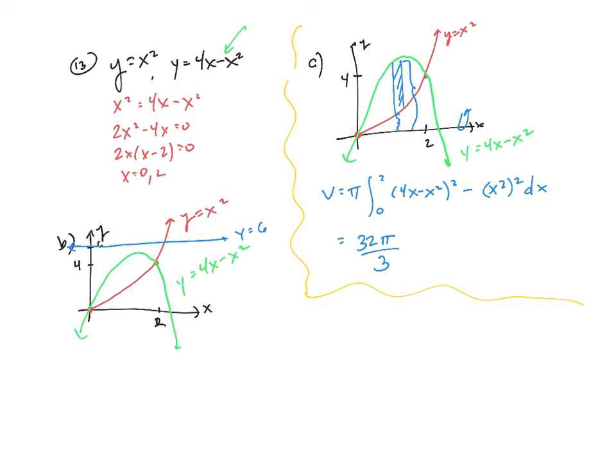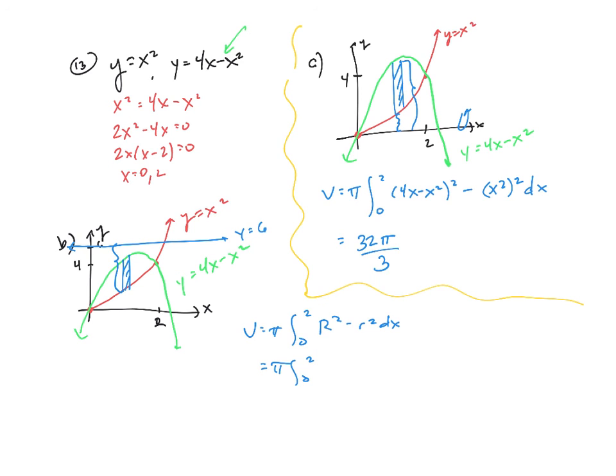All right, so here's our rectangle perpendicular to the axis of revolution. Pi integral from 0 to 2 of big R squared minus little r squared. Big R is the distance from the axis of revolution to the red.